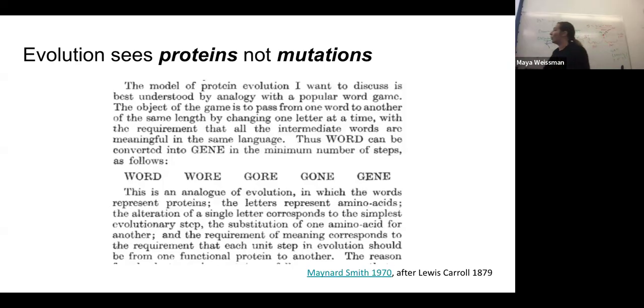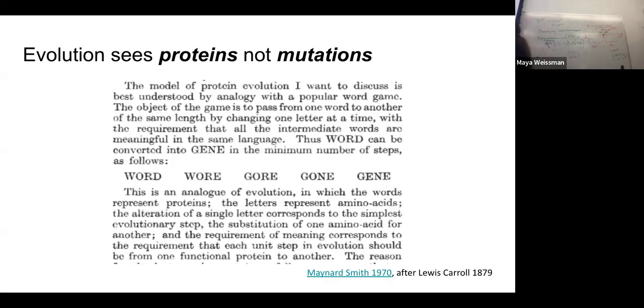So if I want to get from word to gene, I might start by changing the D to an E, and that gives me a word that says wore. Then I might change the W to a G to get gore. And then I might go from gore to gone, and finally to gene.